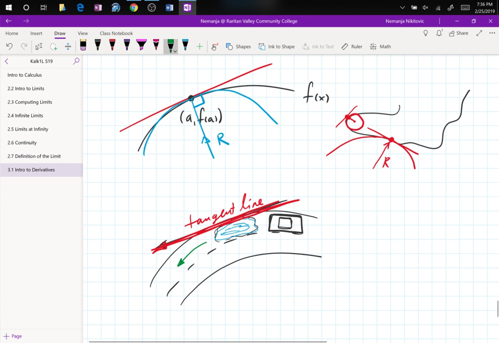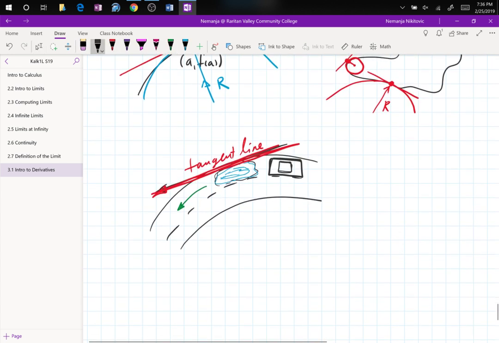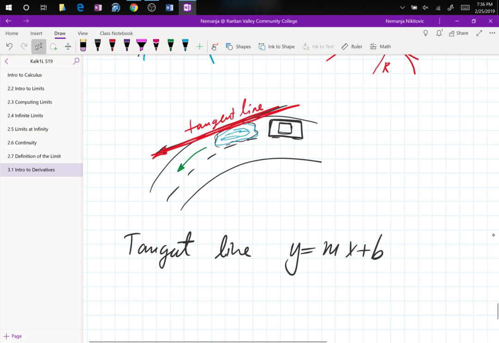So the tangent line is a linear line, right? And the tangent line has the equation y equals mx plus b, because it's a linear line. And now this m is your m tangent.